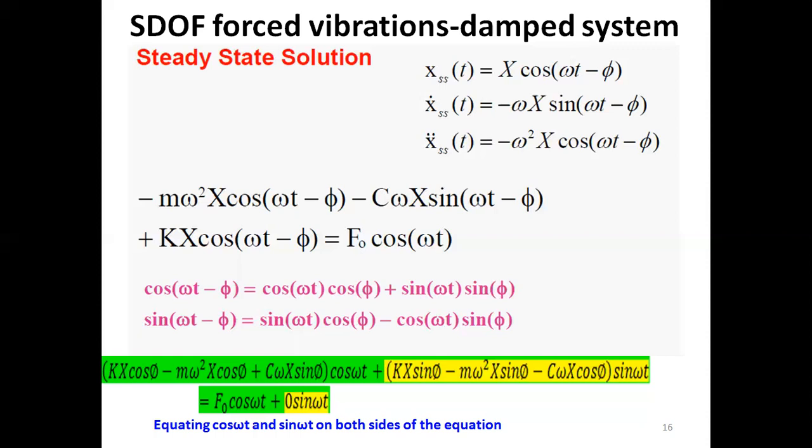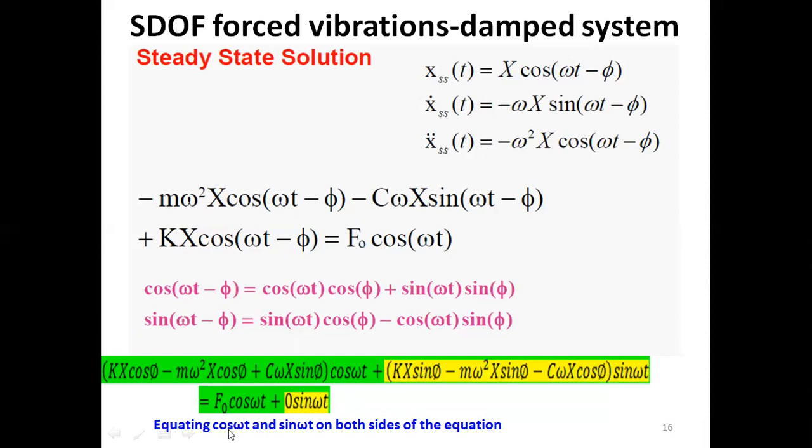So whatever is the coefficient of cos ωt here is equal to the coefficient of cos ωt on this side. Similarly, the coefficient of sin ωt here is equal to the coefficient of sin ωt on this side.